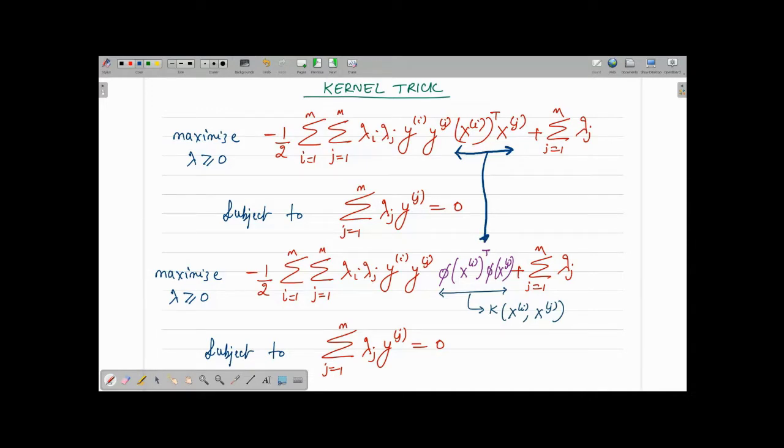Phi is basically the transformation of the vector into higher dimensions, and from there you can write this as a kernel k xi xj. I have already covered this in depth in our classification setting. If you have any doubts, you can watch those lectures, but the motivation is coming from there.